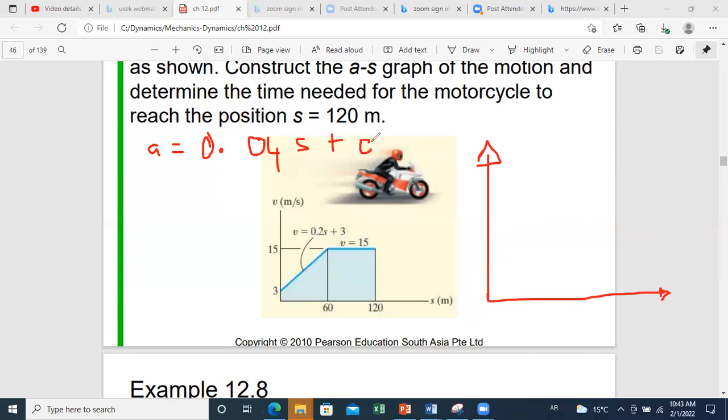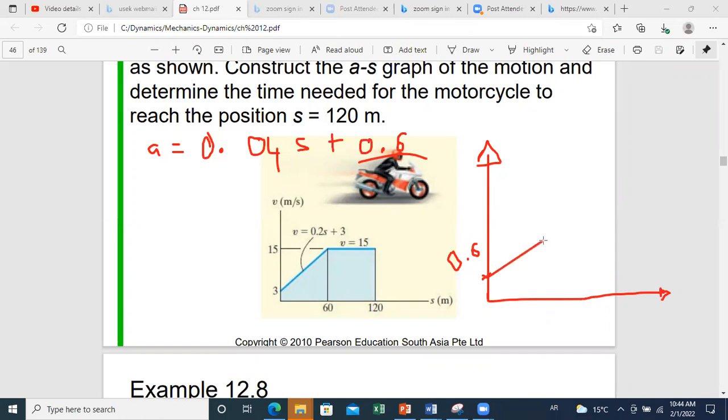This is a linear variation, so we can just plot it. It starts at S equals 0, where A is 0.6, so it will start from here. And the slope is 0.04. It's a very small slope. So like this, let's say.